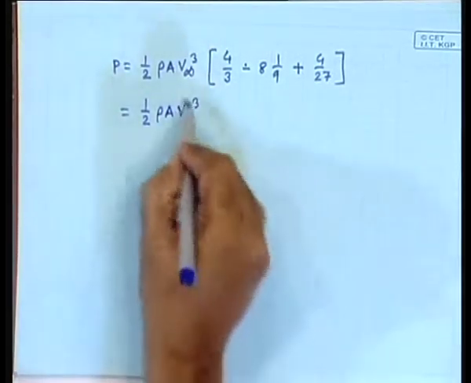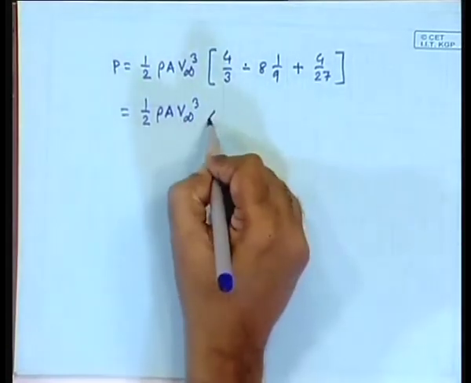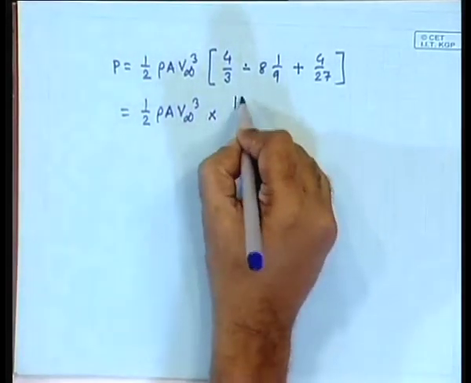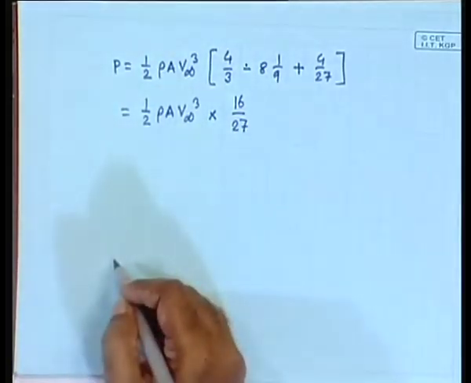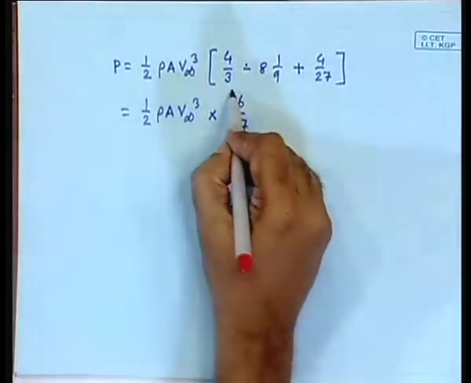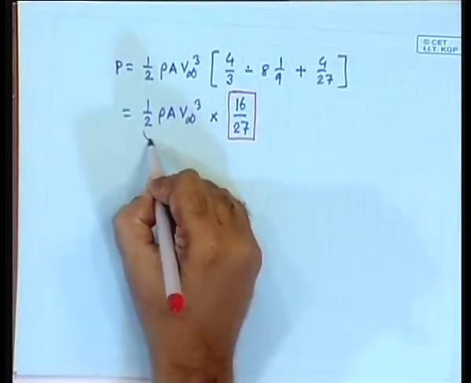There was a reason for which I kept it aloof, because this is the power contained in the wind, times this fellow, which is the maximum possible efficiency.